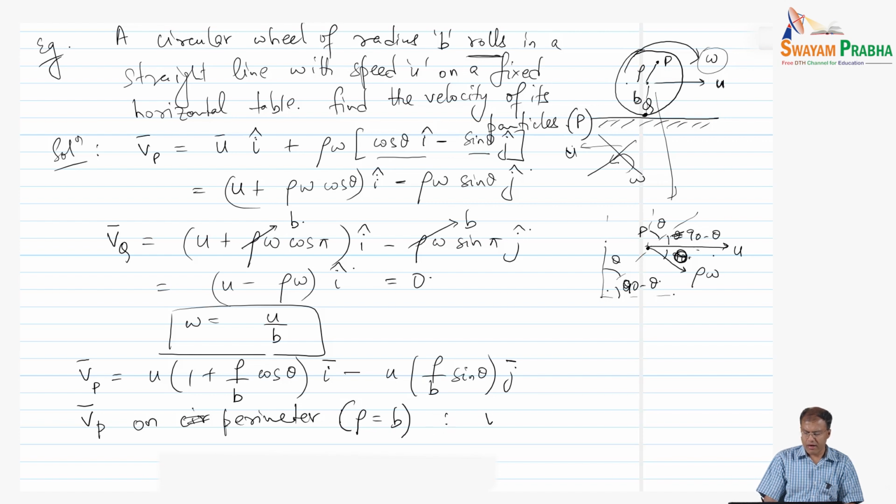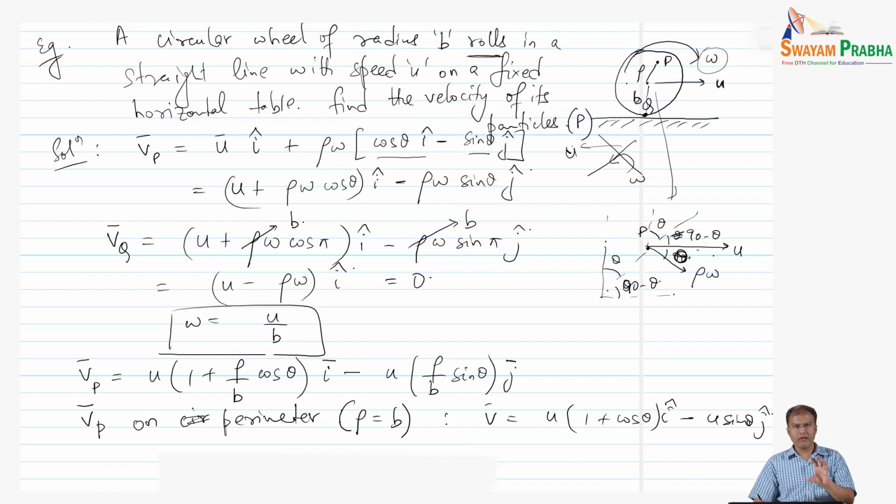So in that case my v is going to be u(1 plus cos theta) i hat minus u sine theta j hat, right? So when rho is equal to b, that is what my velocity is on the perimeter. So that is the problem.